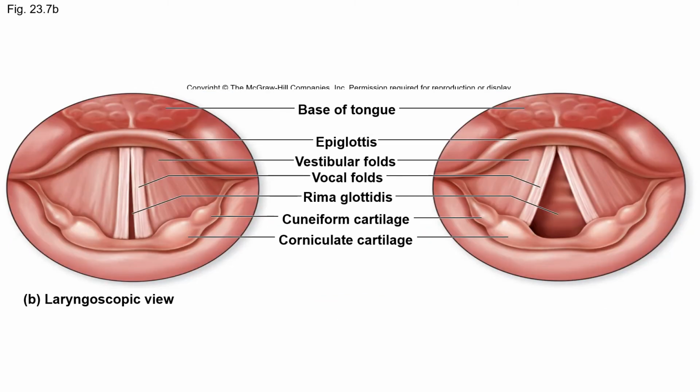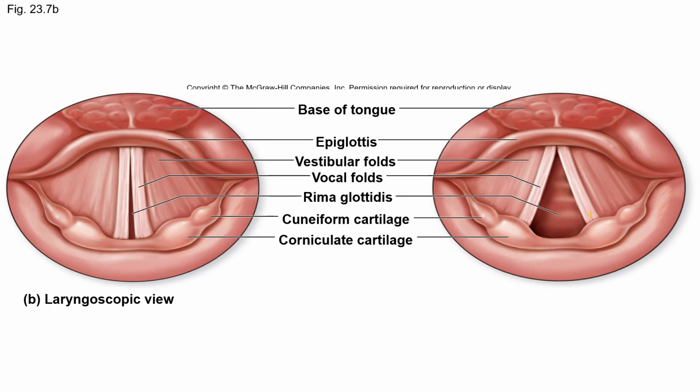When you look at them with flesh on them, you can see that they also create a pair of folds, vocal folds and vestibular folds. The vocal folds are a whitish color, and they are the ones that vibrate. The vestibular folds are more of a reddish pink color that mixes with the rest of the flesh around there, and they are not vibratory.